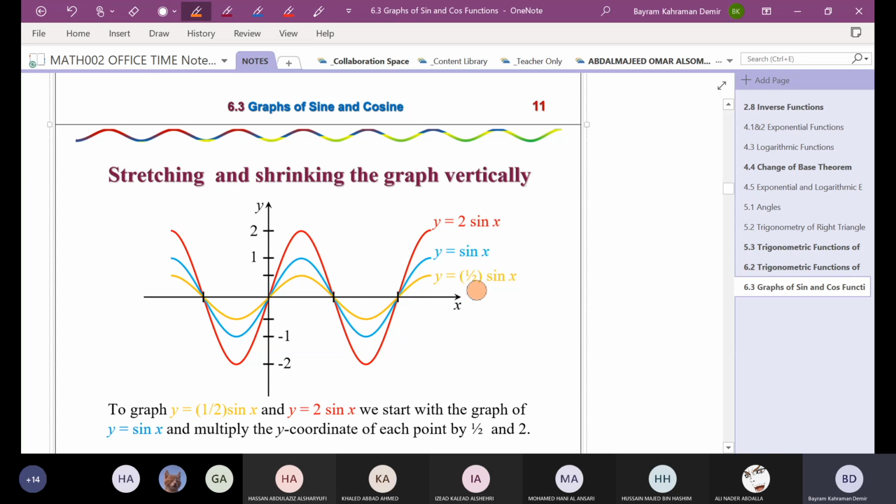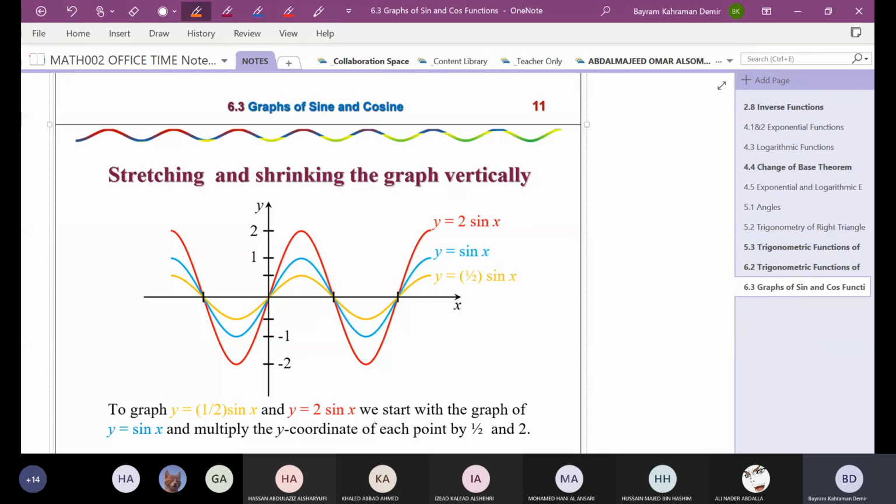And if you multiply the sine function by a number which is less than 1, that's going to be the shrinking of the sine graph vertically. So these are a couple of images to show you what is happening to the graph of a function when you multiply by a number, depending on how big the number is.